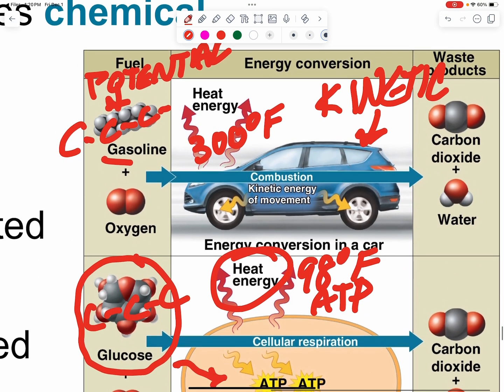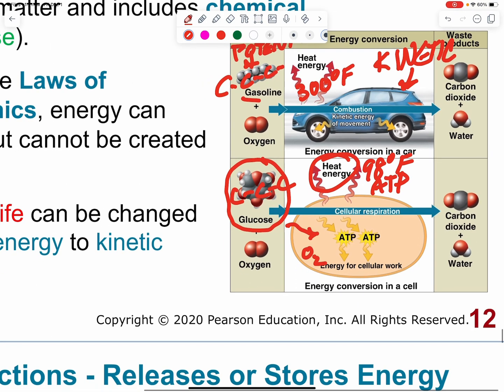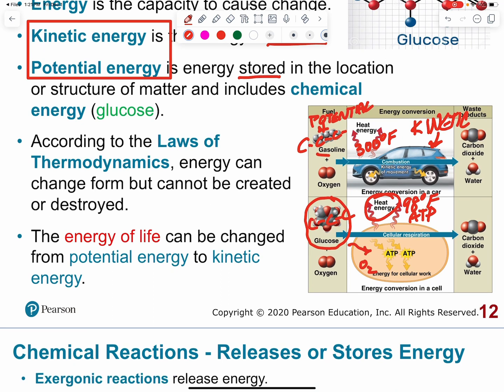Just like the car got up to 300, we get some potential energy lost as heat. Your body temperature is coming from all of your mitochondria, the millions of mitochondria that you have. So that's what is called thermo. That's temperature.